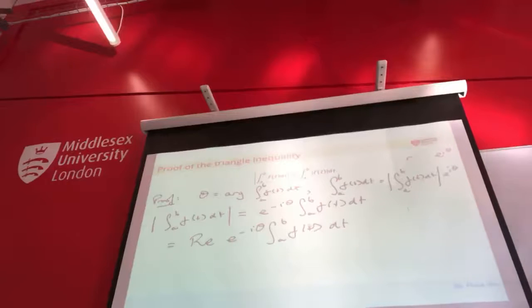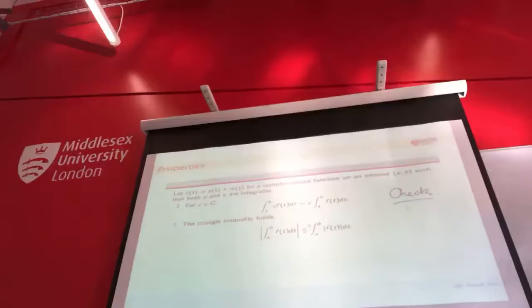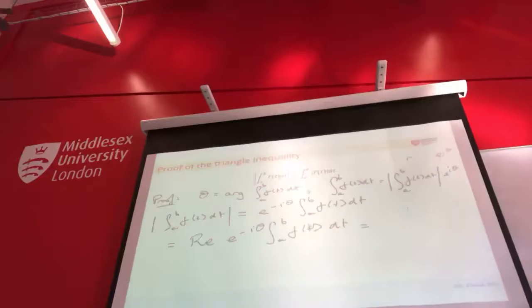Okay, and the reason is, if I compare that to part one, the integral of a constant times a function is the constant times the integral. That means that integral is the real part of the integral from a to b of e to the minus i theta f(t) dt.